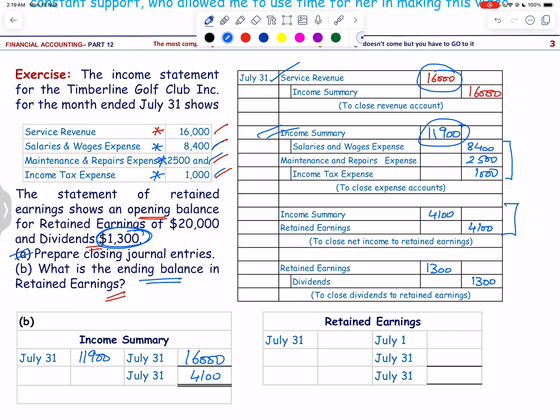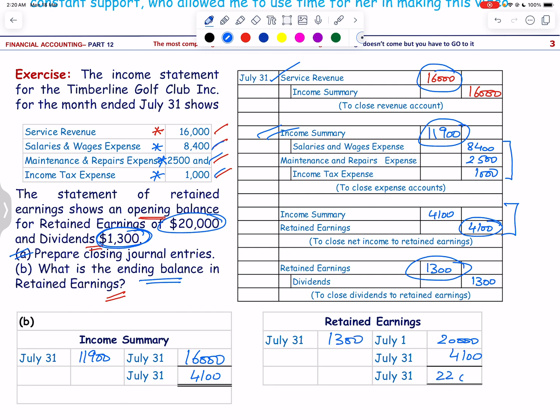And then we have credited the retained earnings by 4,100 and we have also closed the dividend by debiting retained earnings by 1,300. So the balance now is 22,800. Let us move on to the next exercise.